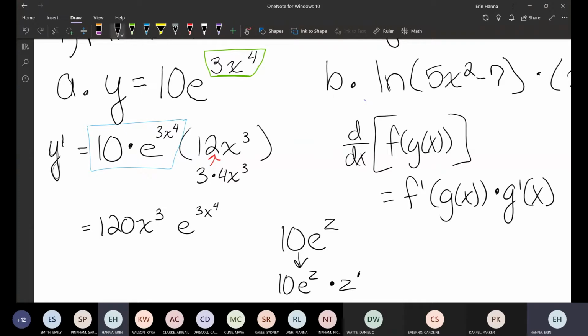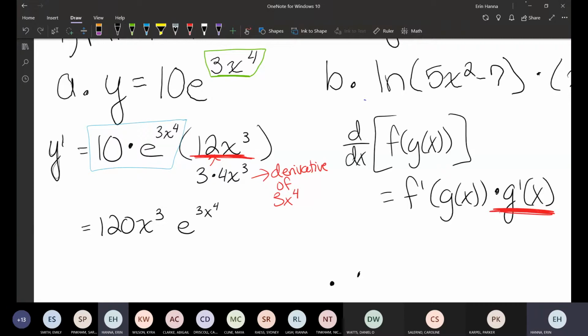So this last piece comes from the derivative of the inside that we have to do for the chain rule. So that's where this is coming from. And so we have to take the derivative of 3x to the 4th. So the 4 comes along, the 3 comes along for the ride. You bring the power down, subtract 1 from the power to get the 4x cubed.